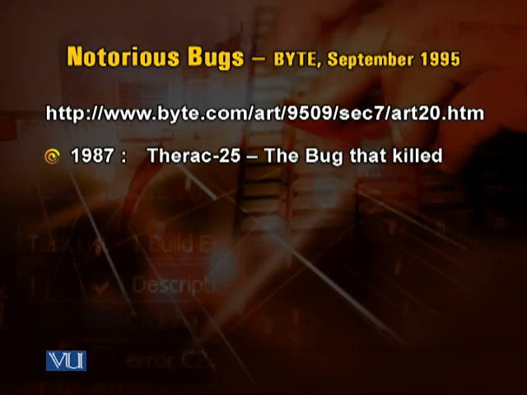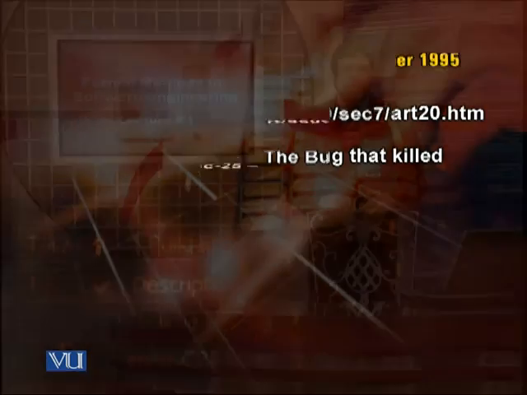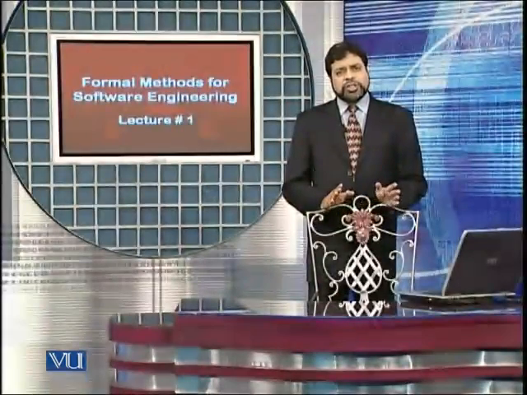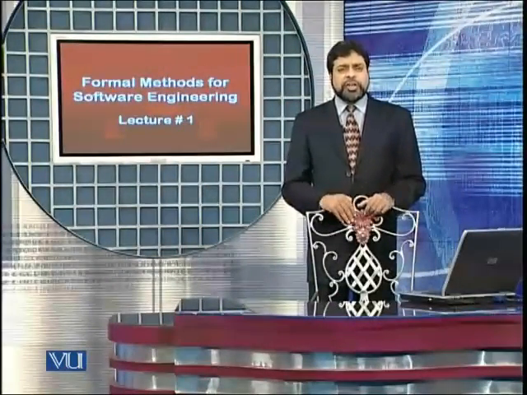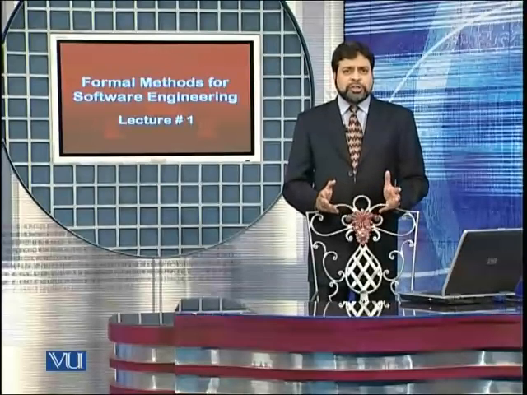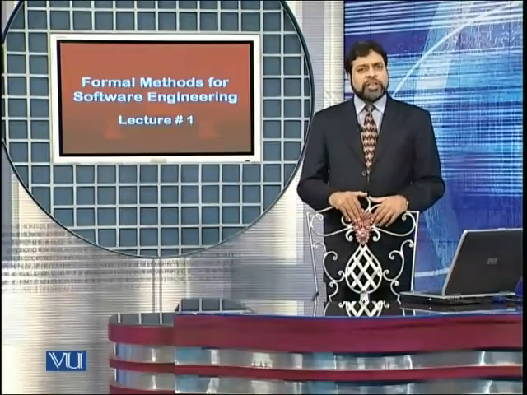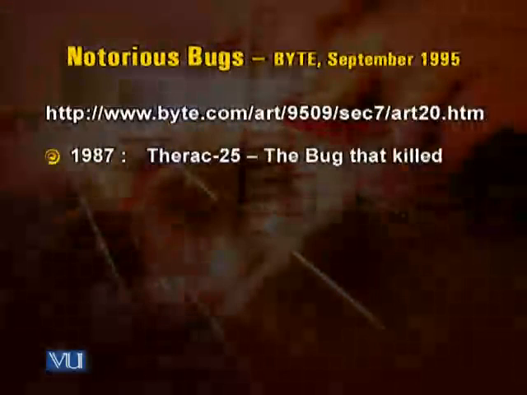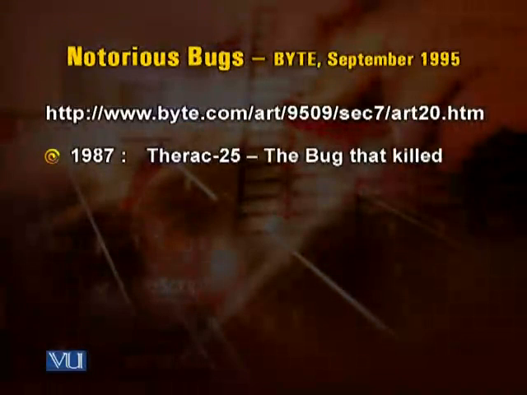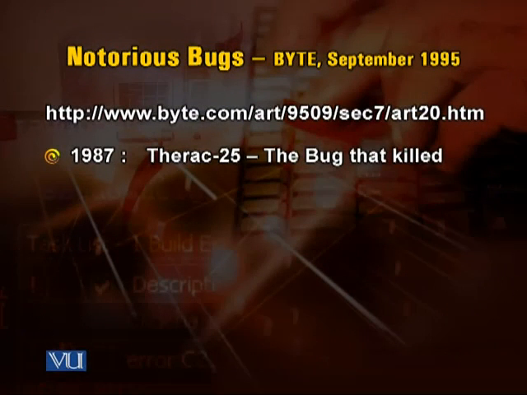This bug was reported in 1987, and in the two years from 85 to 87, there was a software problem in this machine, which was supposed to give radiation treatment to cancer patients. Because of the software error, several deaths were caused by over-radiation.